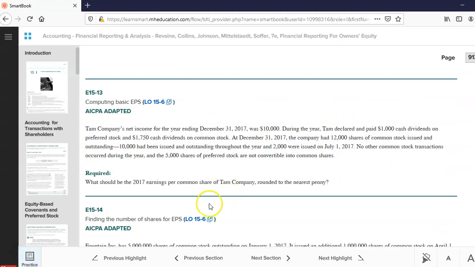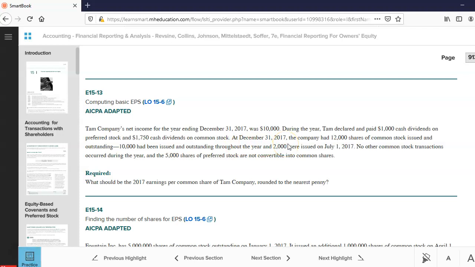Then we do question 13, and this is TAM Company. Net income for the year, December 31 of 17, was 10,000. During the year, they declared and paid a $1,000 cash dividend on preferred stock and 1,750 cash on common stock.